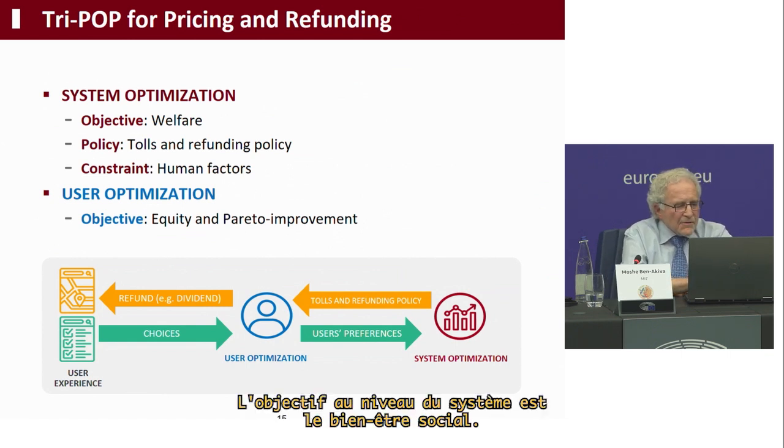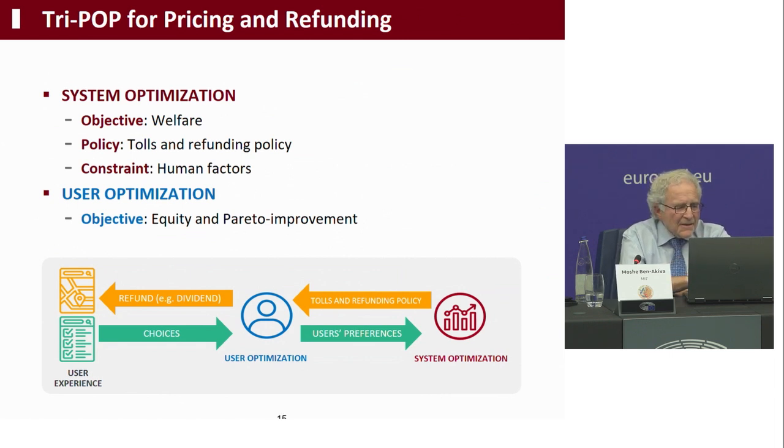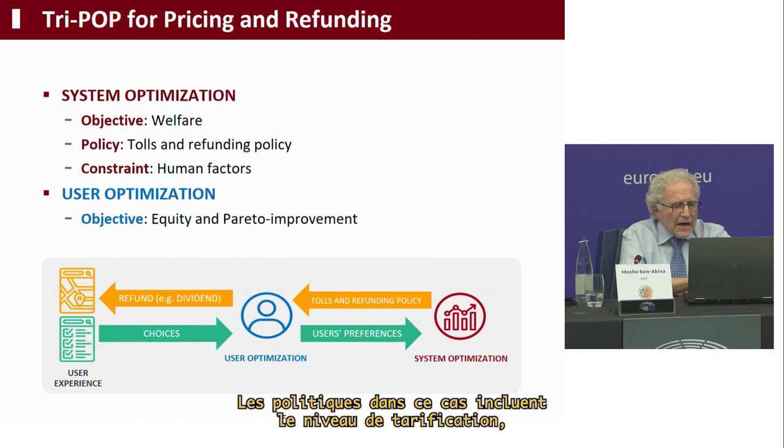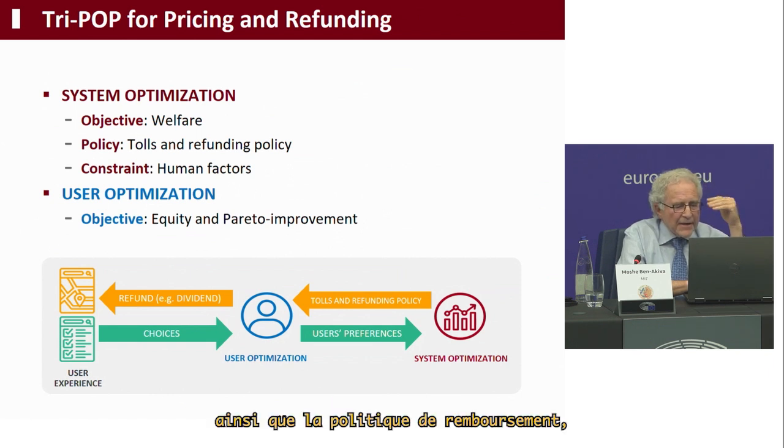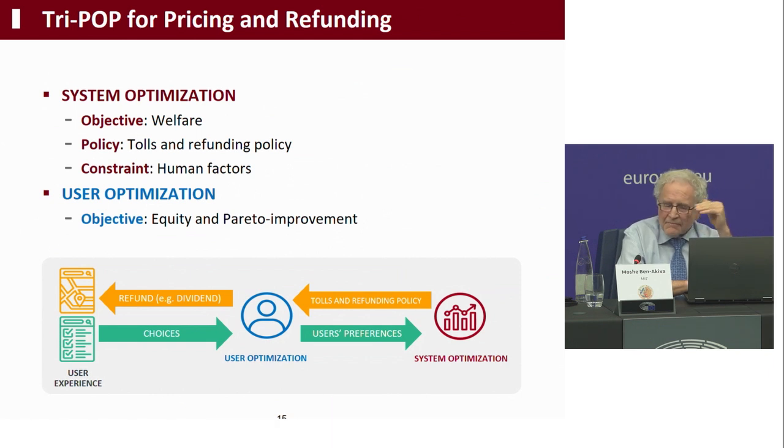The system level objective is social welfare. The policies, in this case, are the pricing level, the tariff, or how it changes as a function of traffic, and the refunding policy.